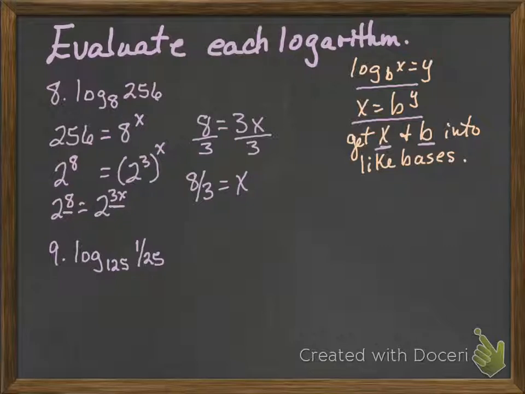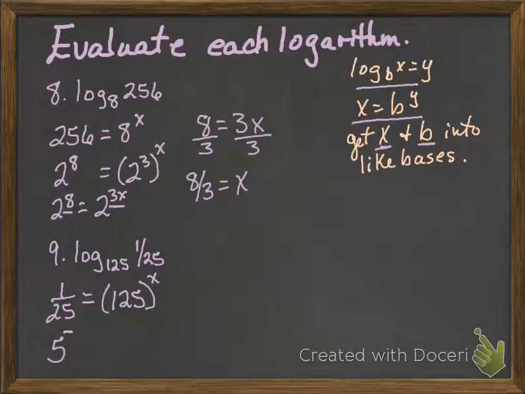Okay? Now, log base 125 of 1/25. So we have our x is 1/25 is equal to our base 125 to the x power. Okay? Now, 1/25, we have a base of 5. 1/25 is an inverse, we know, because it's 1 over something.